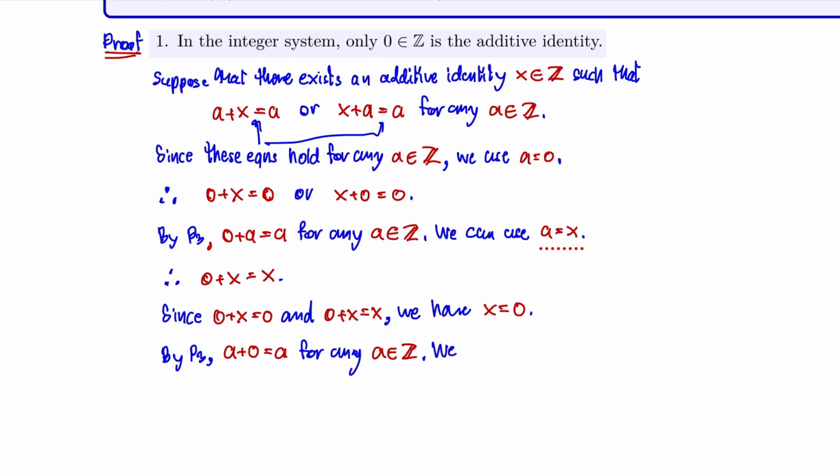So what can we use for an integer a? We can plug in x into this equation. So we can use a equal to x. Then we gotta have x plus 0 equals x.